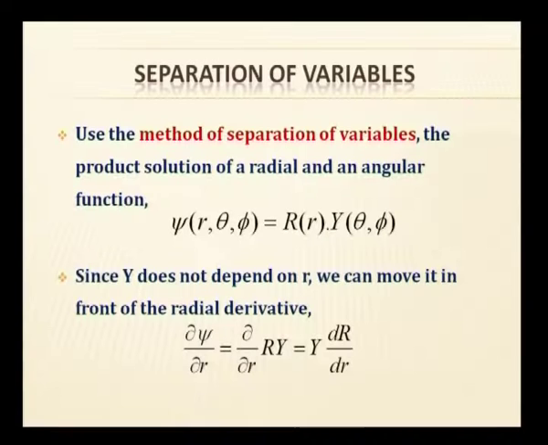By this what I mean is, r does not depend upon theta, theta does not depend upon phi. Therefore, the entire equation can be put up by the method of separation of variables. What we mean is the entire equation can be split up into the radial part and the angular part.